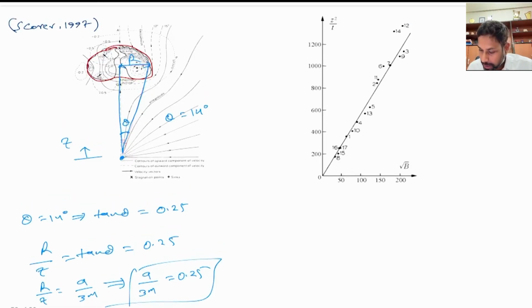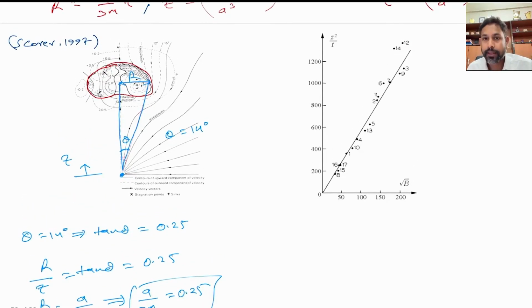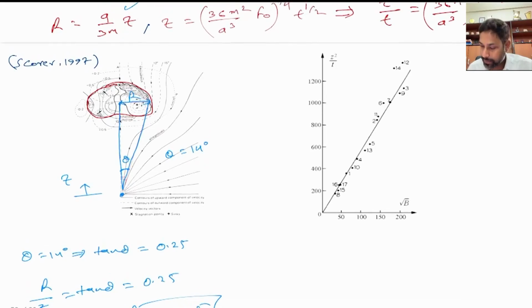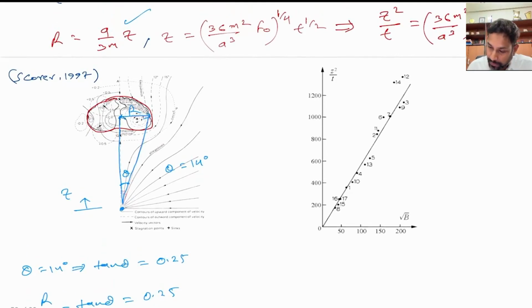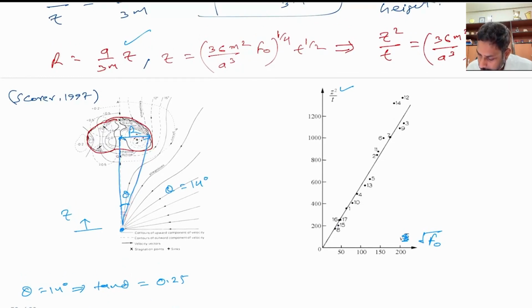Okay, now there is another data set we see here, where the values of Z square by t are plotted against square root of buoyancy. So here what you see in the square root is actually f naught. We are using the term f naught here, and these different individual data you see are for different experiments. So each experiment has a different buoyancy value.